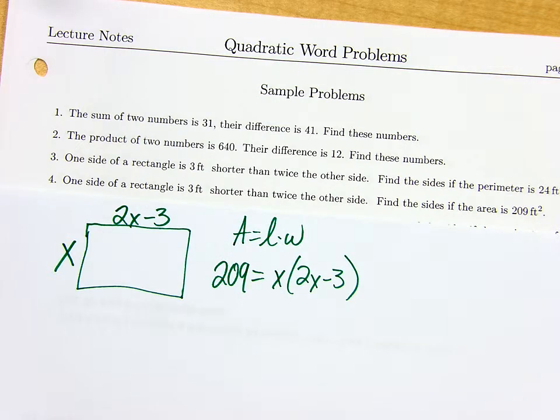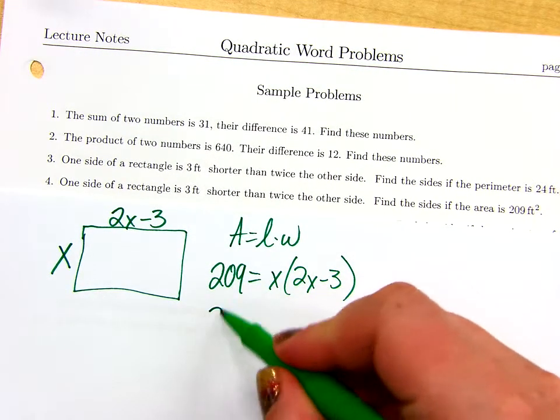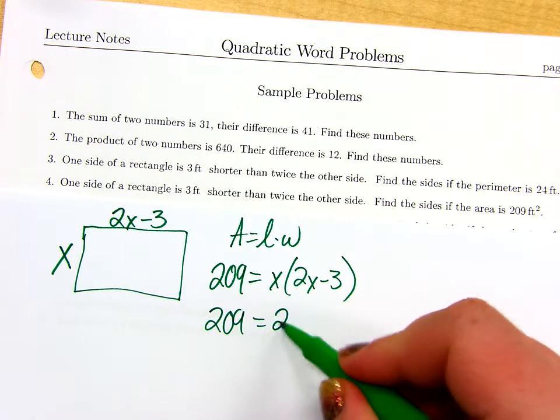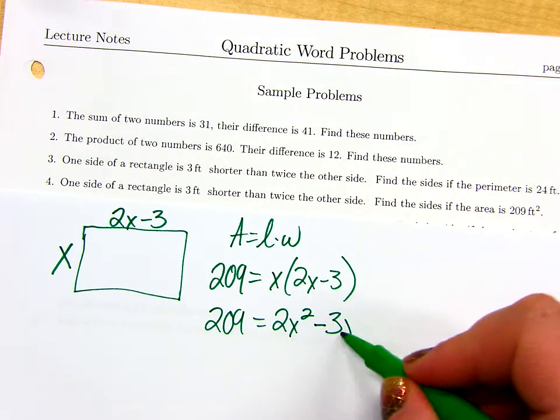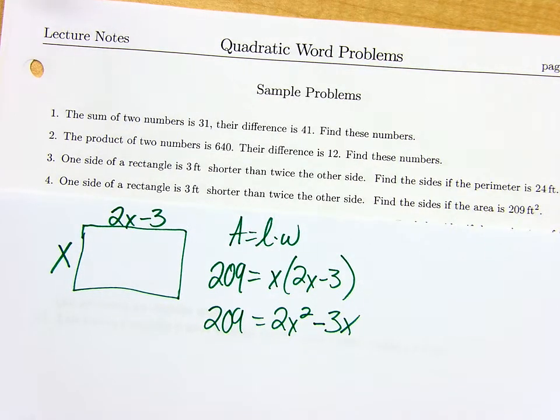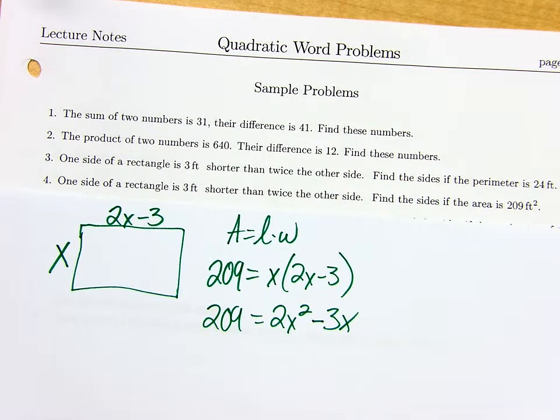Well, ladies and gentlemen, how do you suppose I proceed from here? Yeah, let's distribute that x. So I get 2x squared minus 3x. All right, now what?